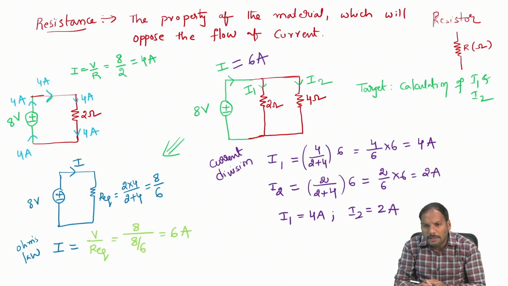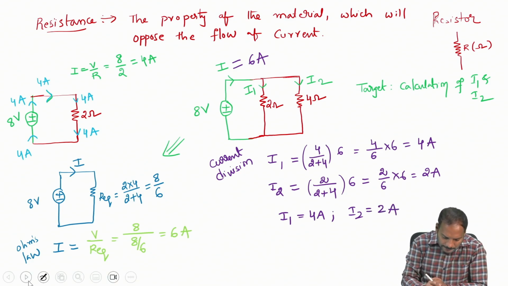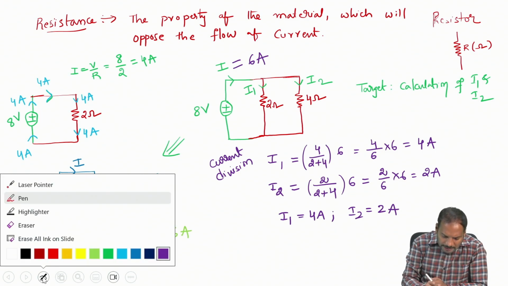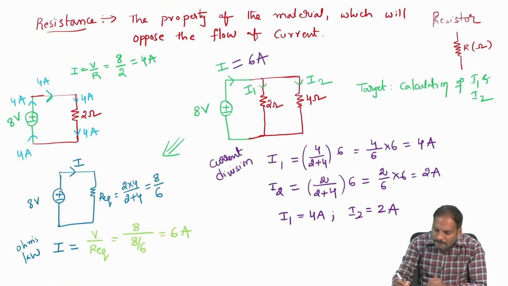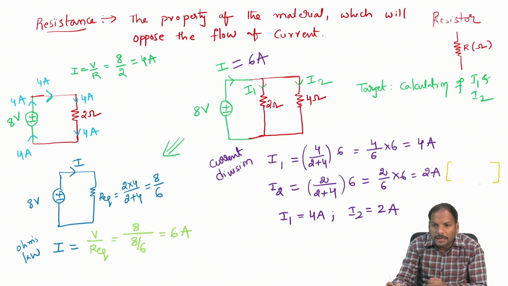Now, if you clearly observe, even the current division formula is required only for calculation of I1. Even for the calculation of I2, current division is not required, right? I2 is nothing but total current I minus I1.